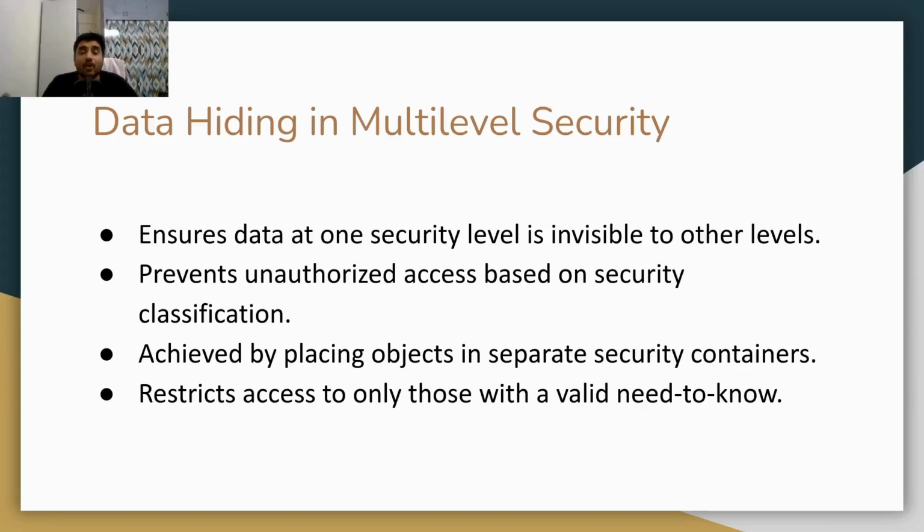Let's say top secret data should not be accessed by a normal person, right? There should be different classifications of data like top secret, secret, private, sensitive. So based on the classification, unauthorized persons who are not entitled to access objects classified as highly classified and sensitive should not access them.